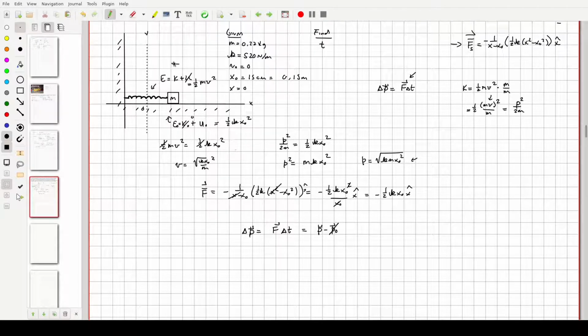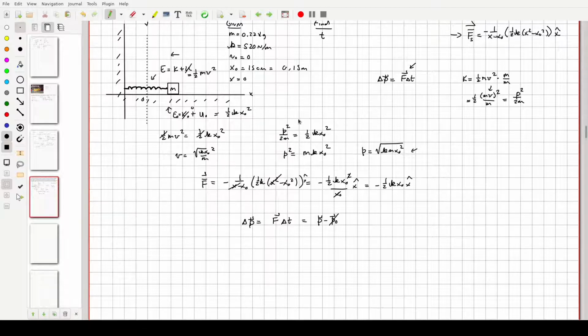Your final momentum has us moving to the left. Moving to the left, minus the square root of k m x naught squared in the x hat direction.